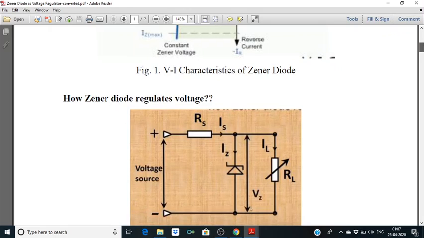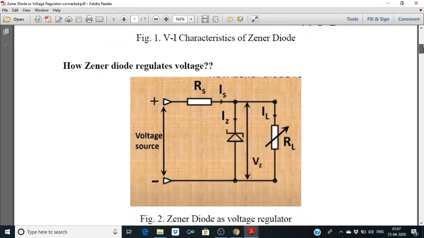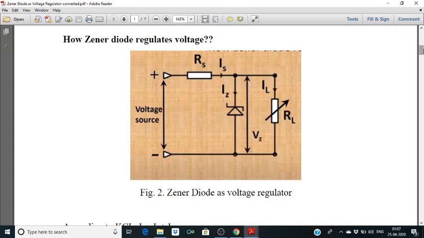Now how Zener diode regulates voltage. This is a circuit of voltage regulator. We have this unregulated voltage source, then a series resistance, then a Zener diode. It will operate in breakdown mode. It is reverse biased: the negative side is connected to the positive terminal, while the positive side is connected to the negative terminal of the source.